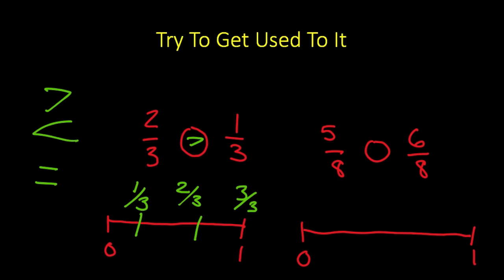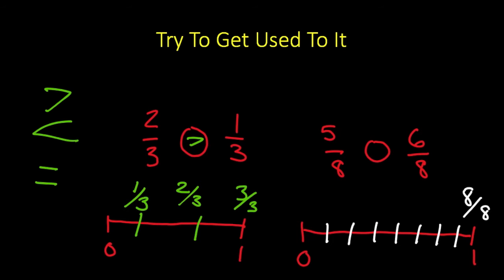Okay, time for our next problem. 5/8 and 6/8. Let's see which one's bigger. So let's first mark our total here is 8, 8. Now let's draw our 8s. This would be 1, 2, 3, 4, 5, 6, 7, and then 8's right here.